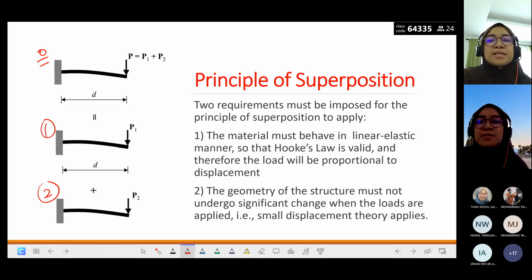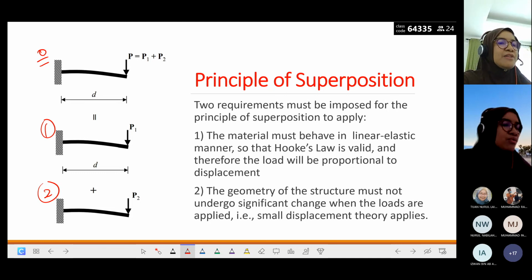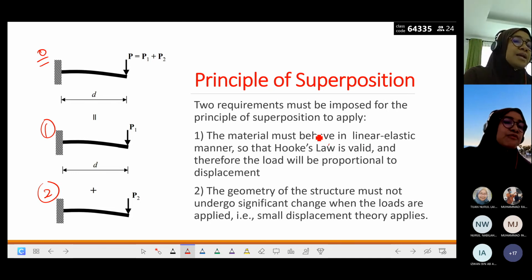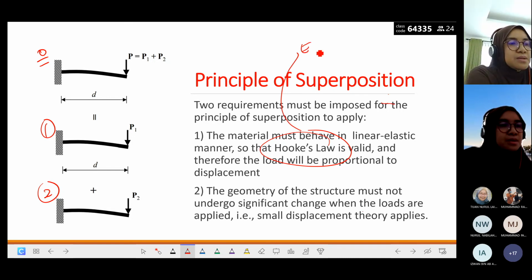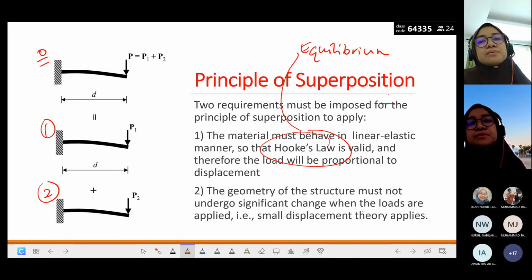So in structural analysis, all the analysis we do, whether determinate or indeterminate structure, actually fulfills Hooke's law. Only when Hooke's law is fulfilled can we calculate reaction using the equilibrium equation. The equilibrium equation is valid when we apply Hooke's law.